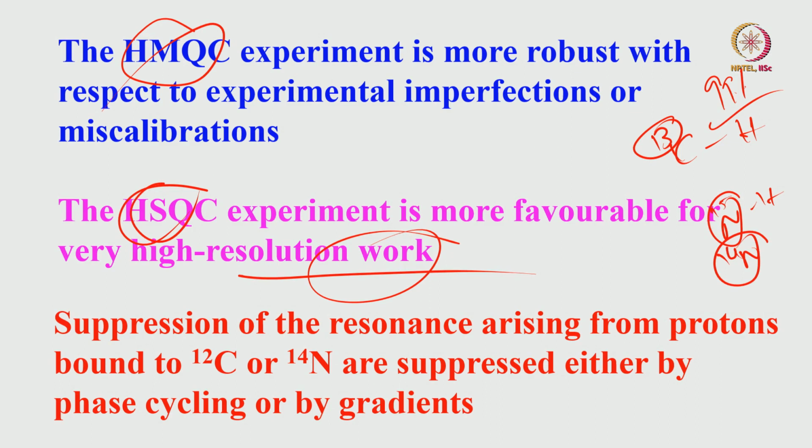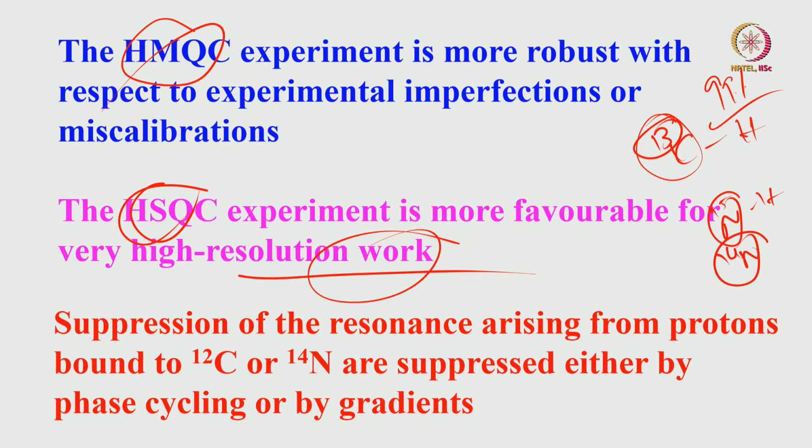They give huge peaks. Somehow we have to reduce this. There could be signal coming from protons attached to carbon 12 and N14 abundant spins. We need to suppress them. Otherwise, very difficult to get correlation of less abundant carbon 13 to proton, because these huge peaks will interfere.